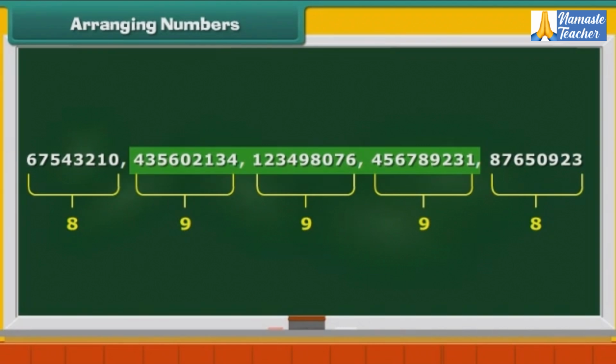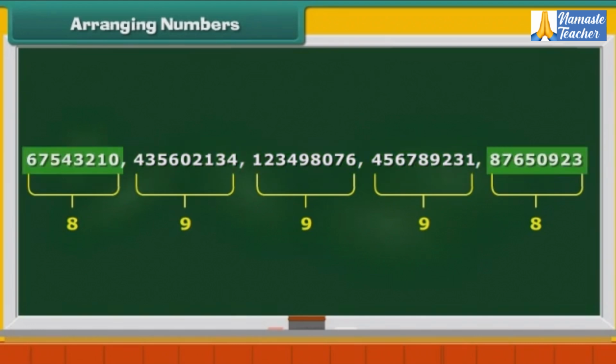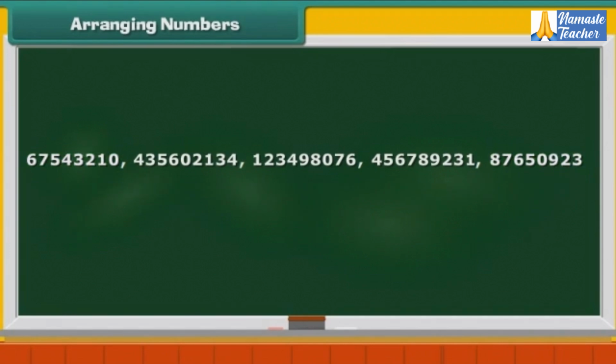6754 3210 and 87650 923 have 8 digits. Since we are arranging the numbers in the descending order, 9-digit numbers will come first, followed by 8-digit numbers. The two 8-digit numbers are 6754 3210 and 8765 0923.